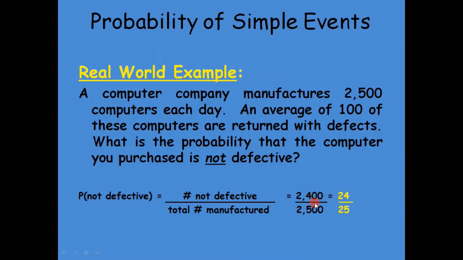So we simplify this and the answer will be 24 over 25. It means the computers which are not defective are 24 out of 25, and only one computer is defective.